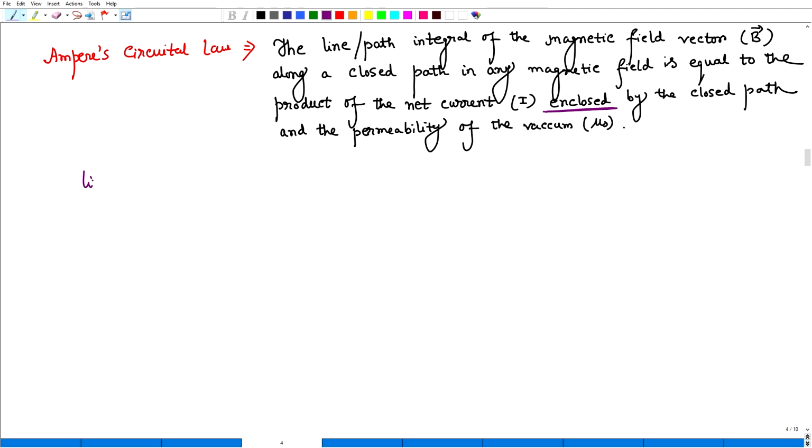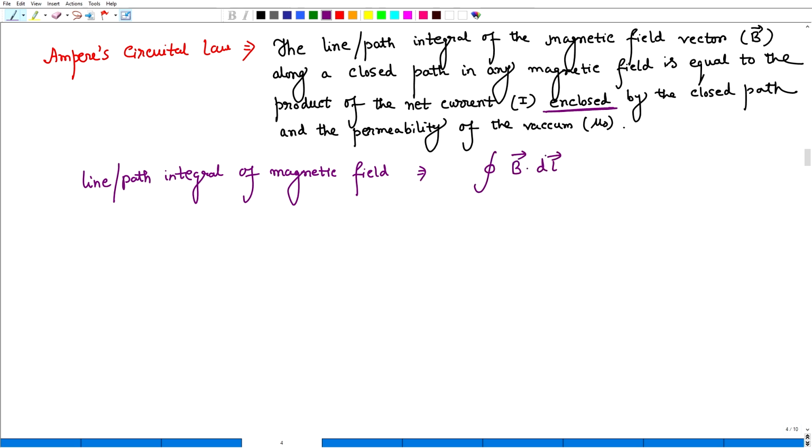First is the line or the path integral of the magnetic field, it will be B dl. We can write it like B cos theta dl, does not matter, it's the same thing. So it is B dl.